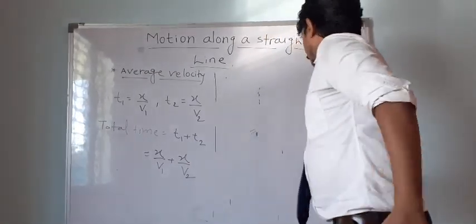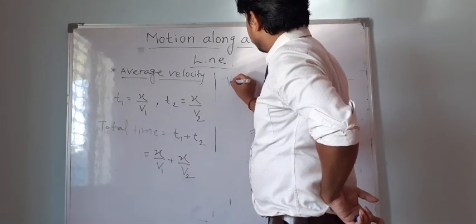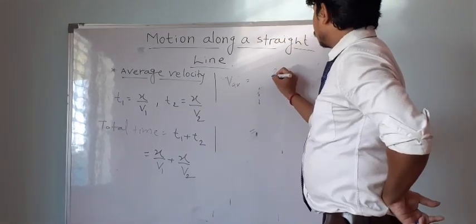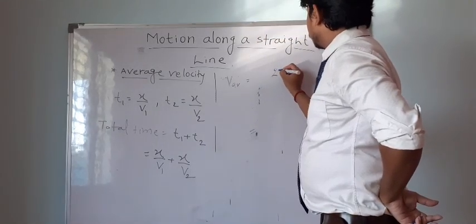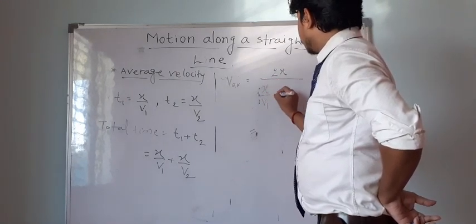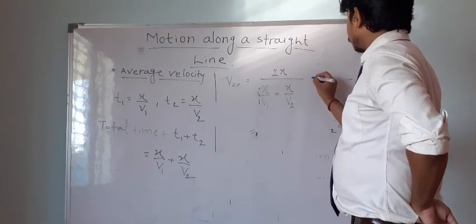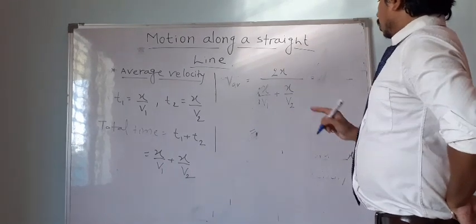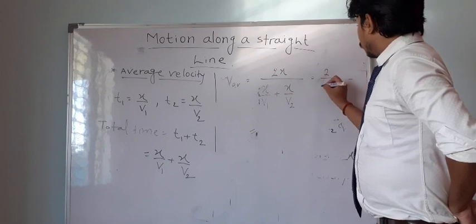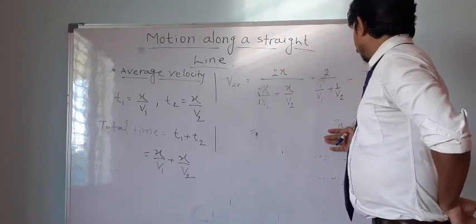So V average is equal to 2x upon x by v1 plus x by v2. x is common and cancels out, so it is 2 upon 1 by v1 plus 1 by v2.